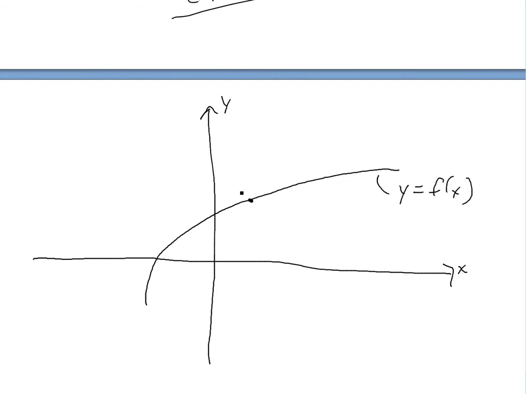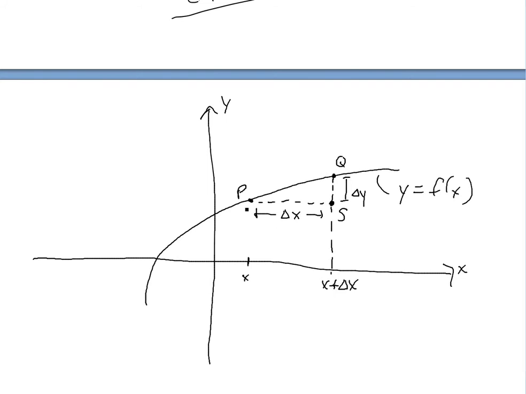Let's call this point P at x, and let's shift it to here, where this is x plus delta x, or this distance is delta x from here to here. We'll call this value here s, and over here is q. These are the points, and this is delta y.